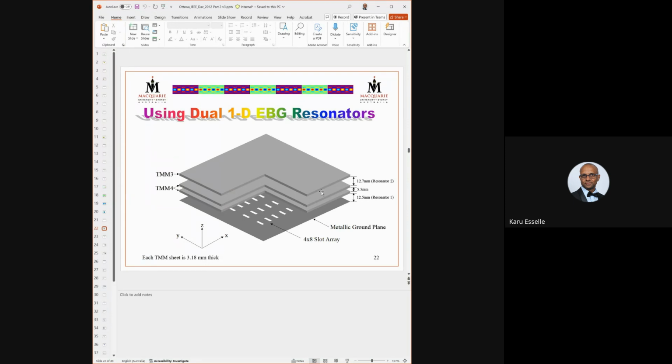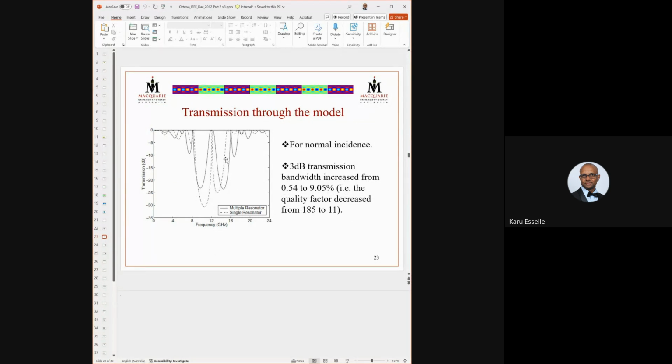And when we analyze this using the transmission line model, you can optimize the superstructure using the transmission line model. If the defect mode is narrow like this, you get very narrow bandwidth. If the defect mode is wide like this, you get very wide, or at least better bandwidth from the antenna.